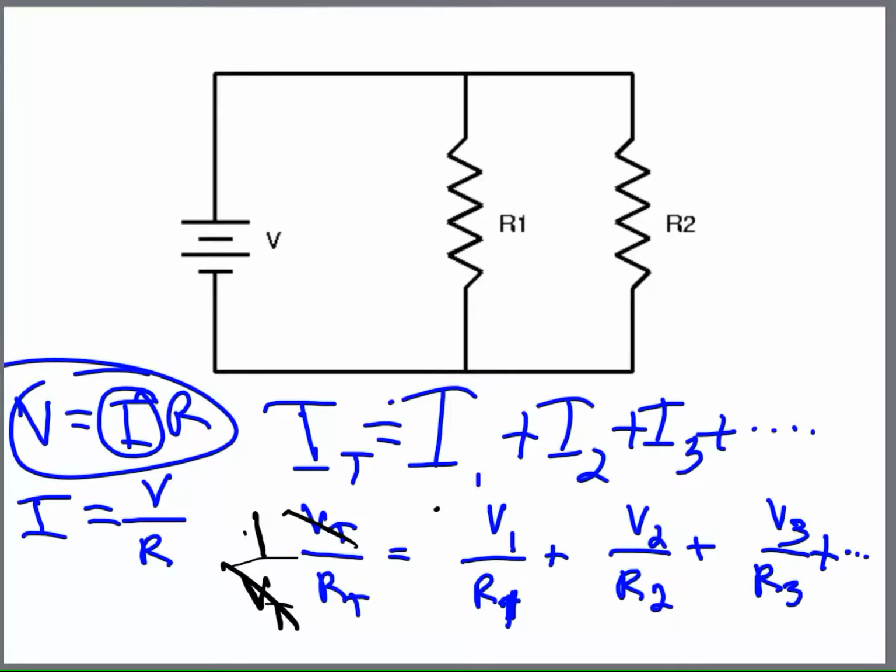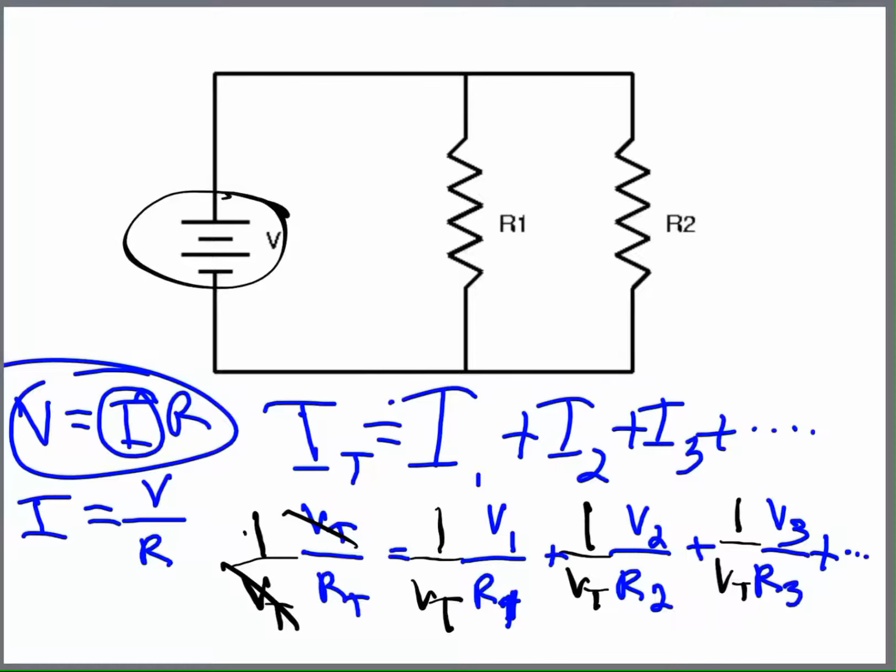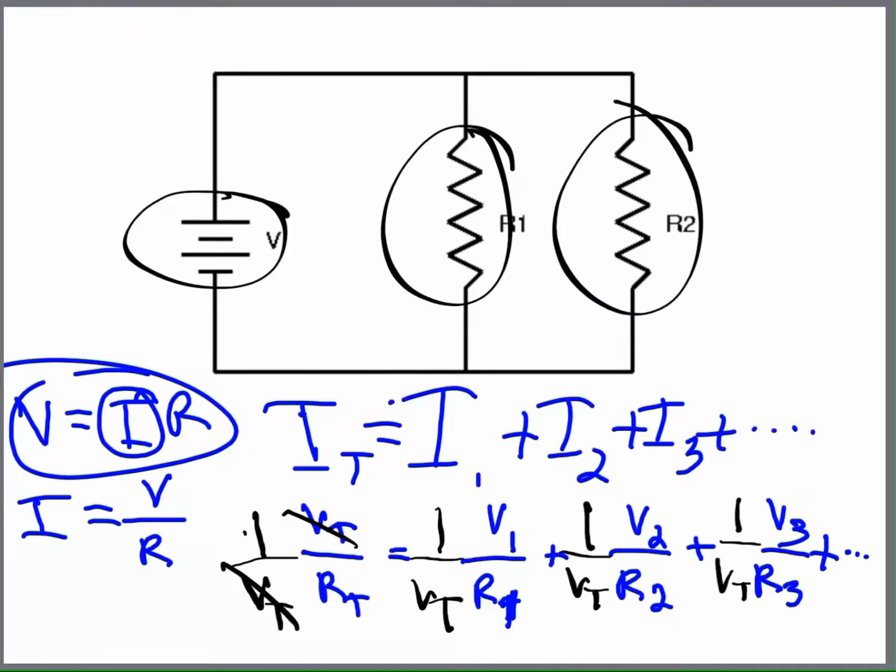But remember, if I'm going to do that to one term, I have to do that to every single term. Now, remembering our other rule, which was the voltage across here is equal to the voltage across here, which is equal to the voltage across here, or V total equals V1, V2, and so on and so forth. That means that these cancel out, and these cancel out, and these cancel out, and so on and so forth.